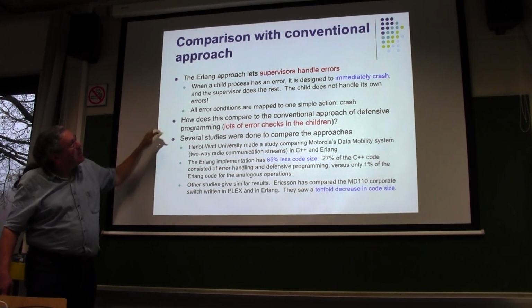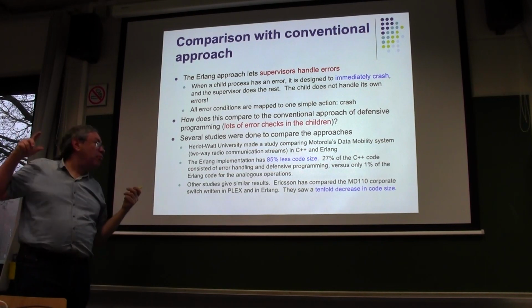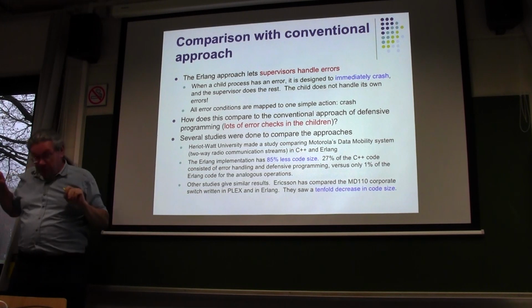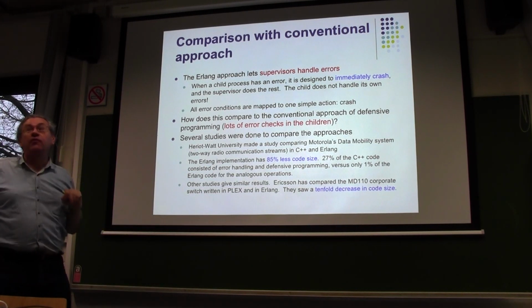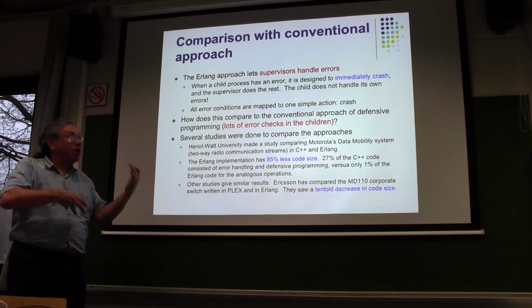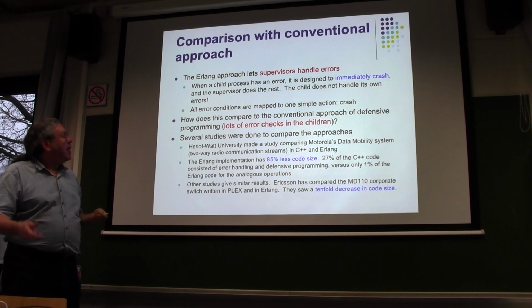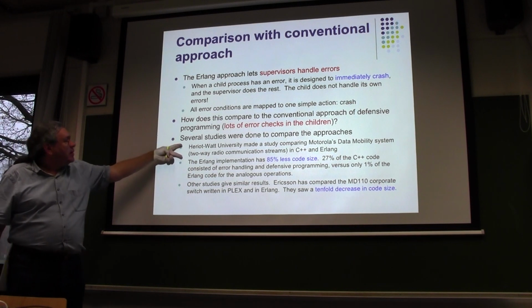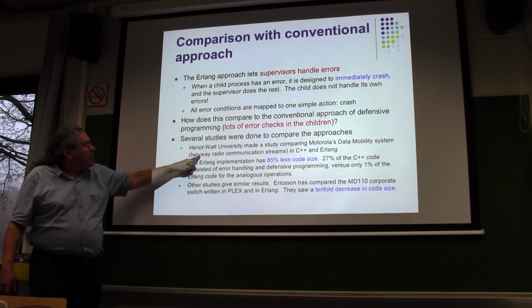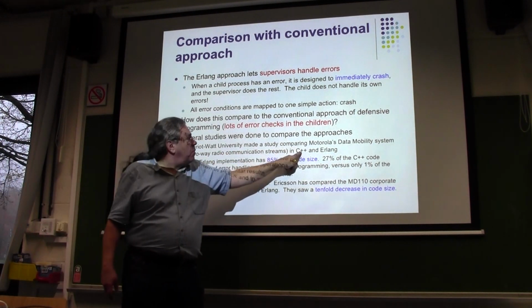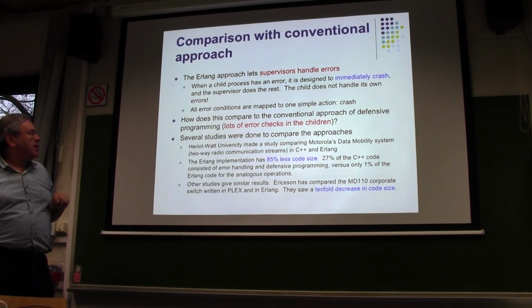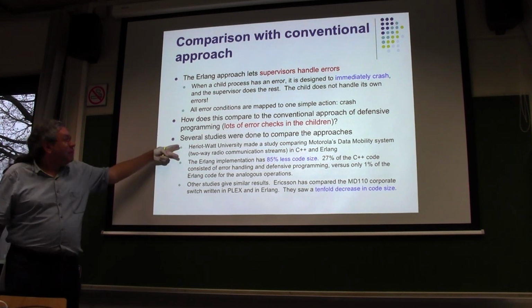It used to be that when you write programs, it was kind of recommended to do defensive programming, which is putting in checks. The children will be checking a lot of things. And there are actually some studies. For example, here's one where you compare a system done in C++ and in Erlang, with the same functionality.